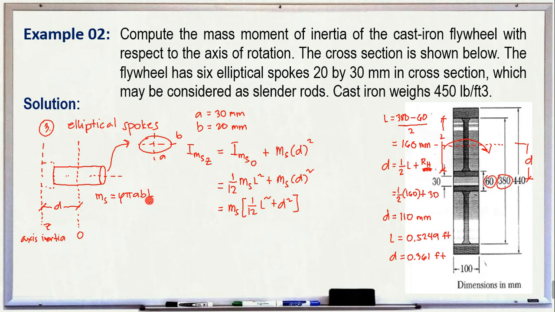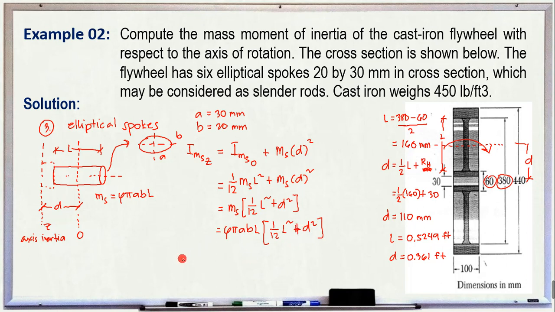So this is our L. So substituting, we have density times pi AB times the length times 1/12 L squared plus D squared.